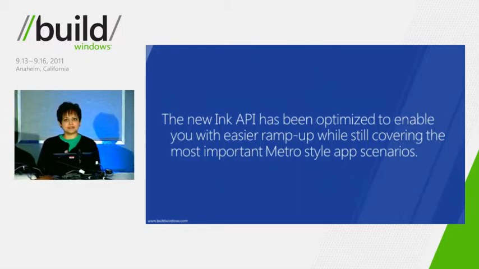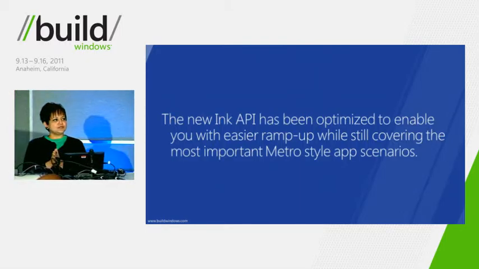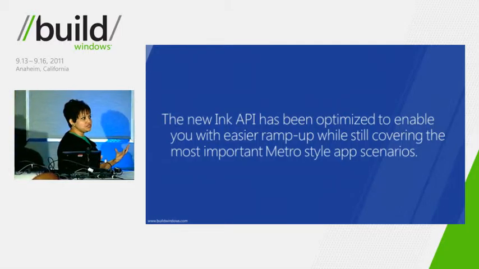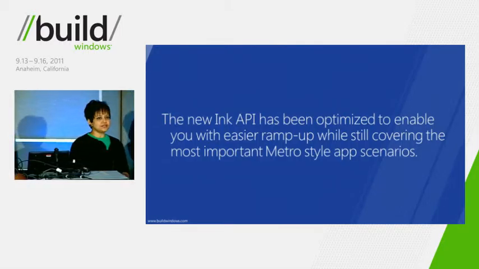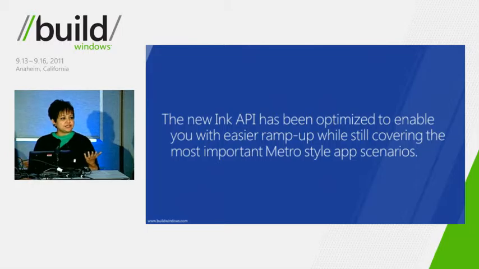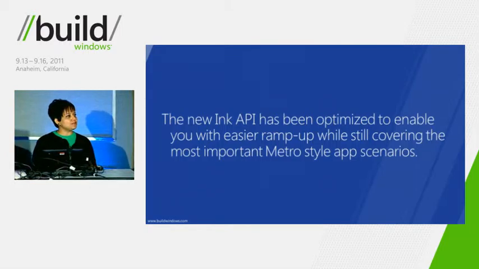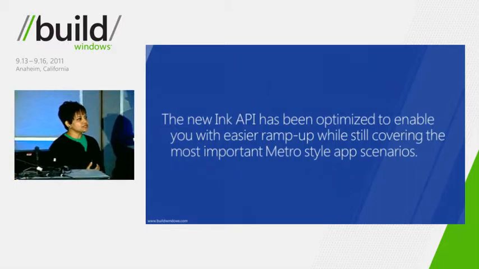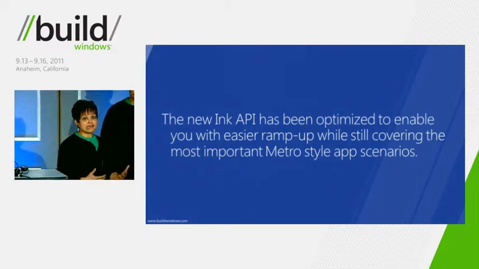It has been optimized. And even if you have not done inking before, we feel that with this new set of APIs, you can easily ramp up and start coding. The great thing is you have that ink sample I mentioned available to you. So you can reuse the code from there, enhance the code.